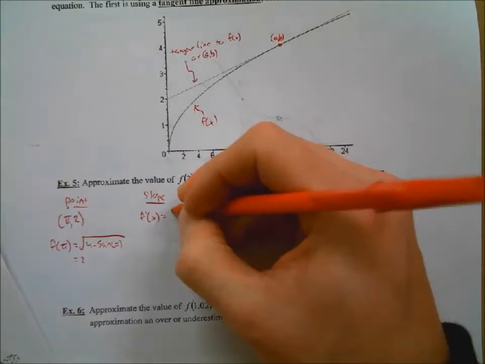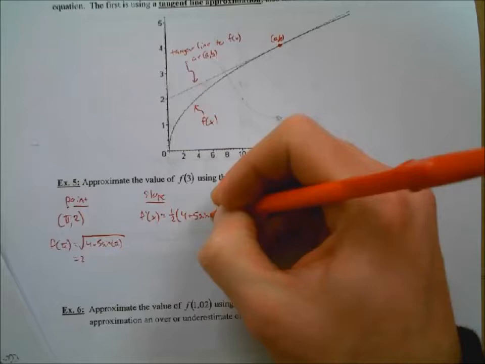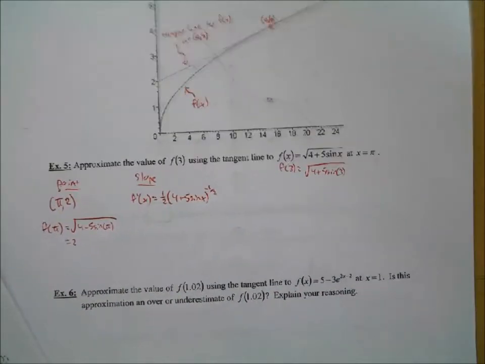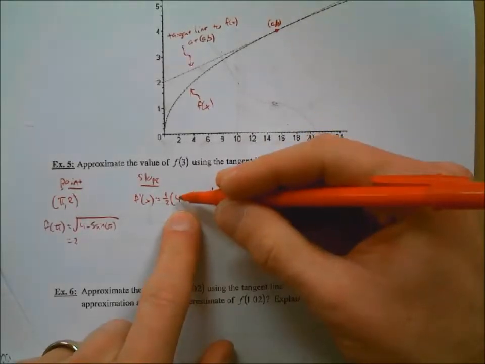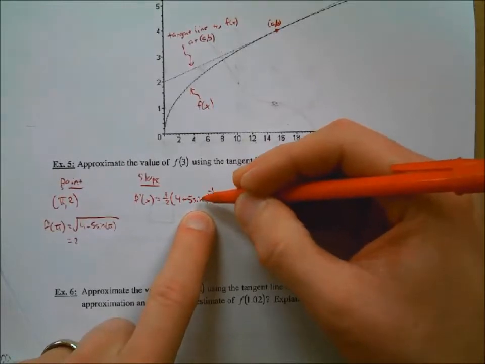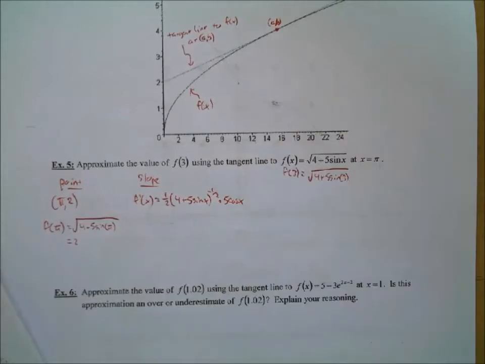So we bring that 1/2 out front, leave what's inside to the negative 1/2, times the derivative of what's inside. The derivative of 4 is 0. The derivative of 5 sine x: the derivative of sine is cosine, so it's going to be 5 cosine of x.